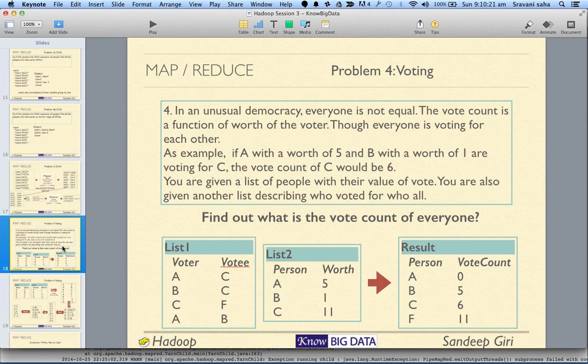So who all know about joins in SQL? What does it mean by a join in SQL? Okay, Virdi does. Great.